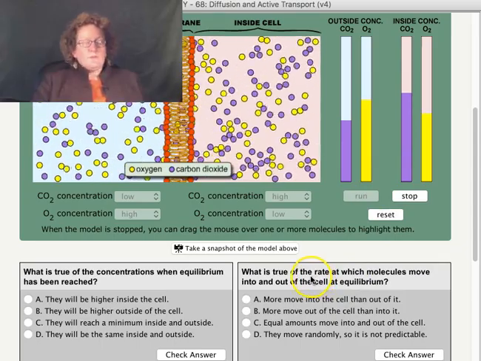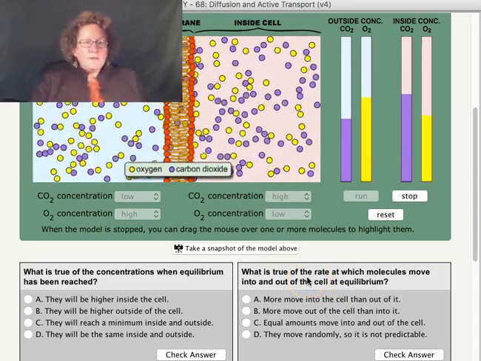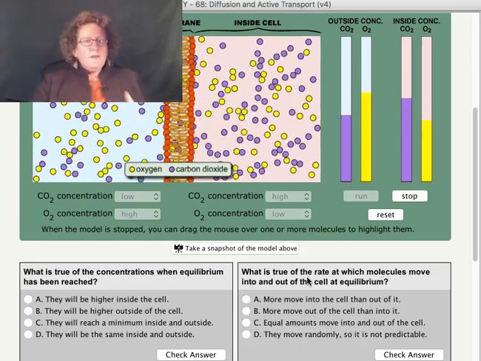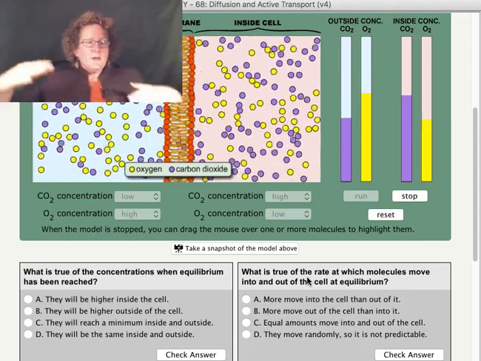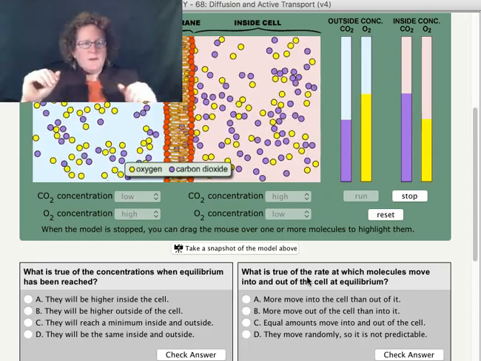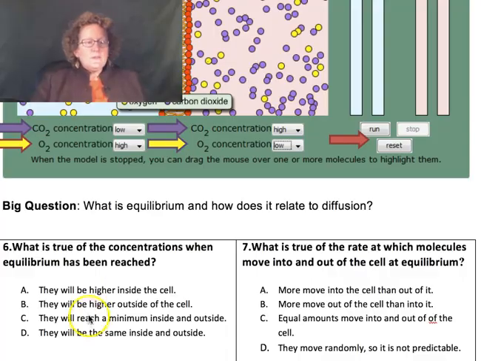I'll just give you this one. At equilibrium, it's really important to understand that things don't stop moving; they move into and out of the cell at the same rate. In other words, they're going this way at the same rate we're going this way. So at this point, you should be able to answer question number 6 and question number 7 on your lab sheet.